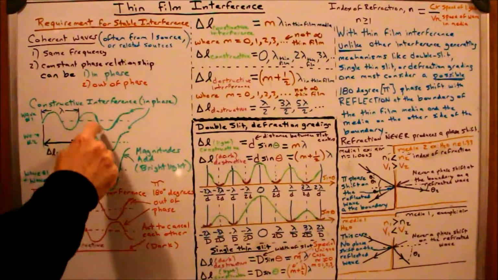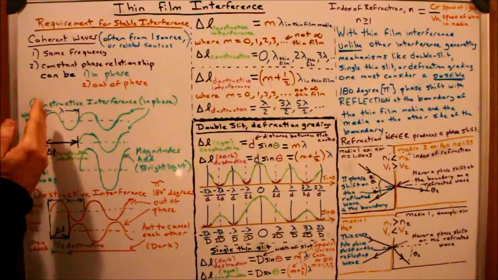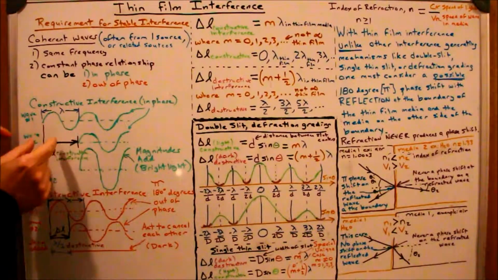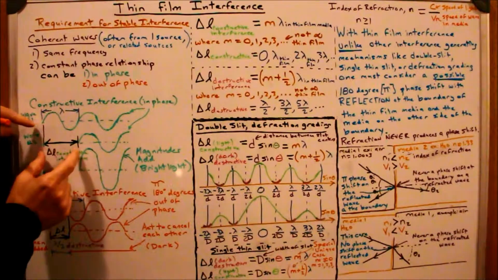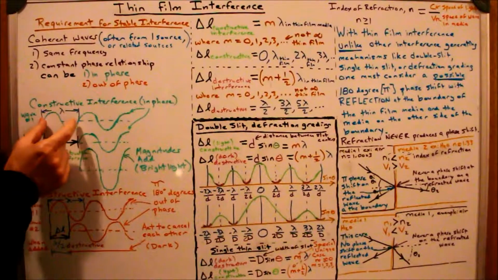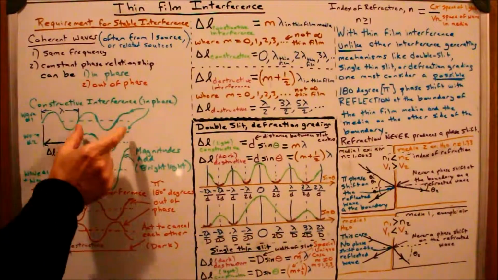What I've drawn here is a wave at a frequency, and there's the wavelength. That's wave number one. If I take wave number one and move it until I get constructive interference, I have to move it essentially one wavelength. So I slide this wave over one wavelength, and I create wave number two.